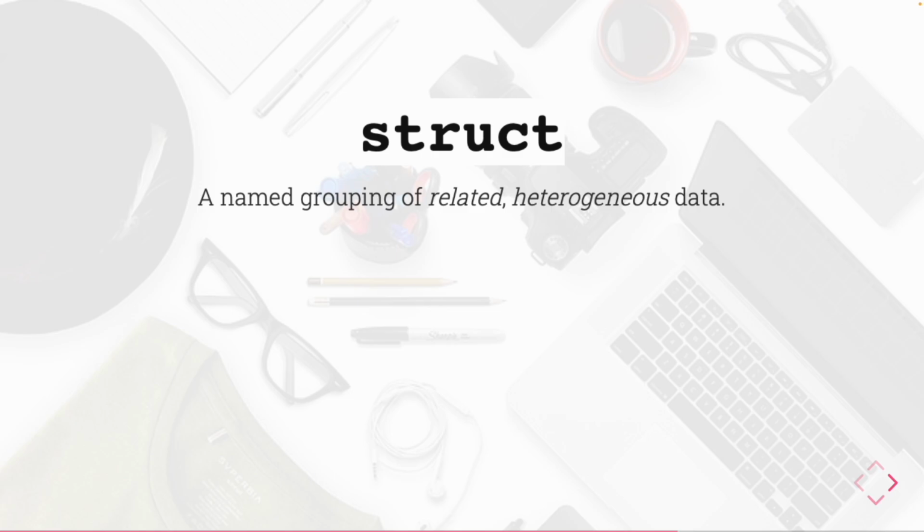The formal definition of struct is just a grouping of related heterogeneous data. So that's different data, where an array could be homogeneous. And in practice, it's a bunch of variables smushed together, like a mini object.